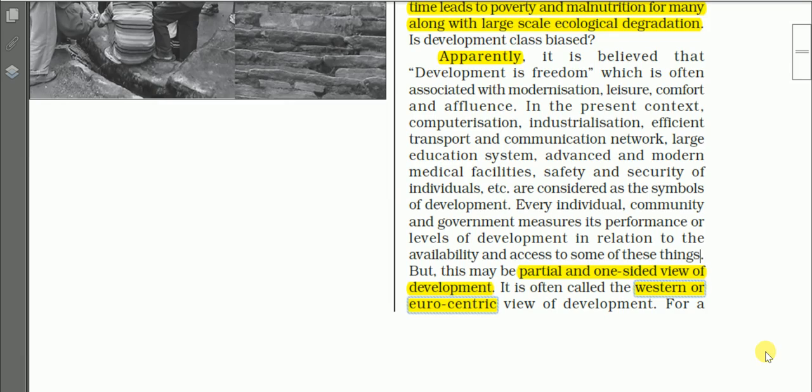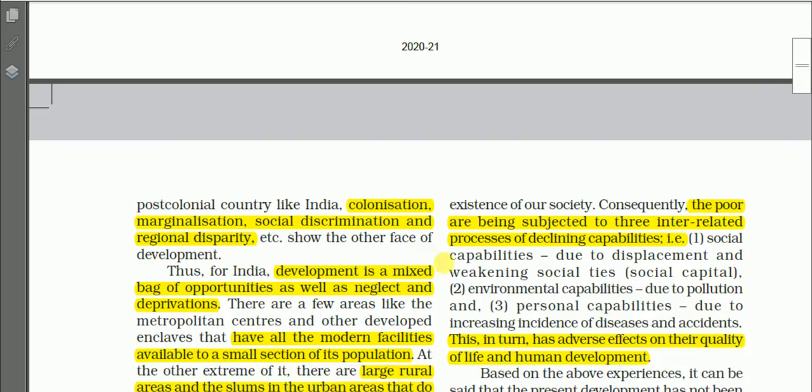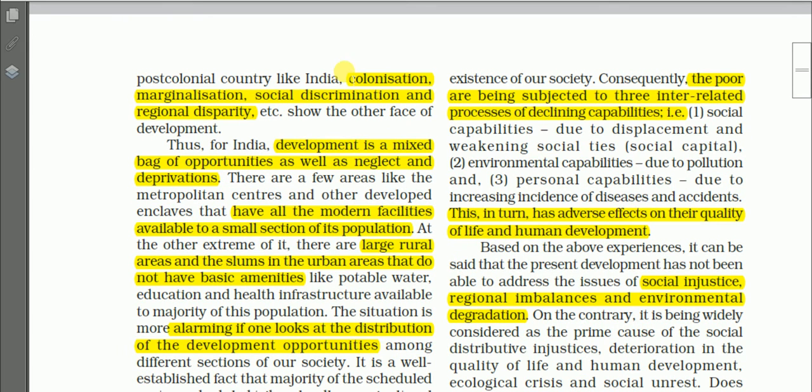Okay, for a country like India, a post-colonial country like India, there is colonization, marginalization, social discrimination, and regional disparity, etc. So the other phase of development.